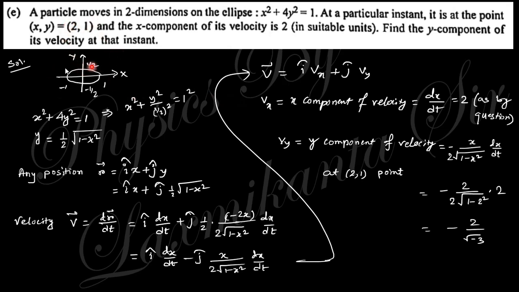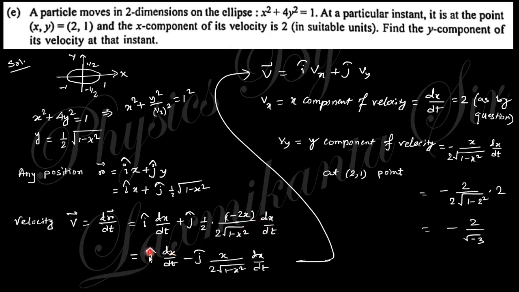Okay, so just you see the procedure if this point is within this ellipse. Take this from the point and you will obtain the expression of y. So any position vector r equals i cap x plus j cap y. So y is replaced by this expression, and taking the velocity dr dt, this is i cap dx dt, and taking the derivative is like that.